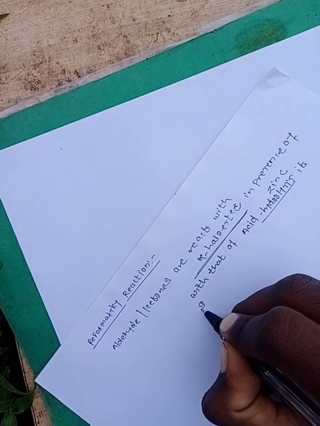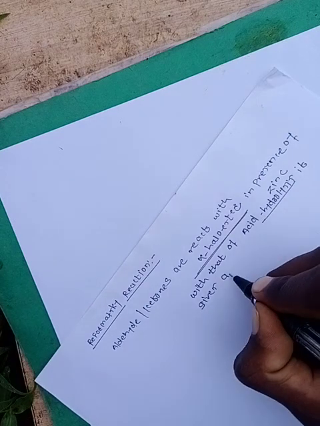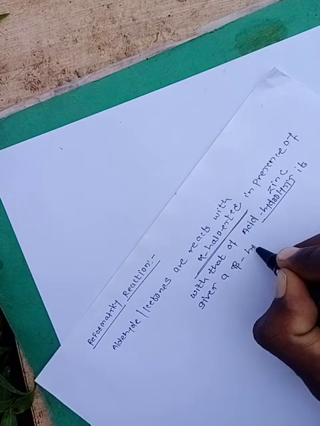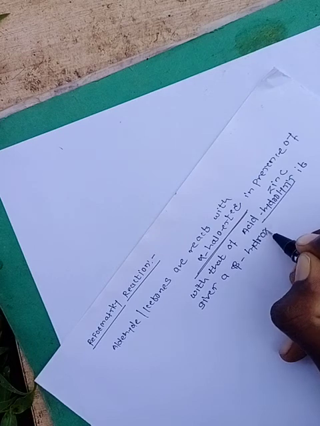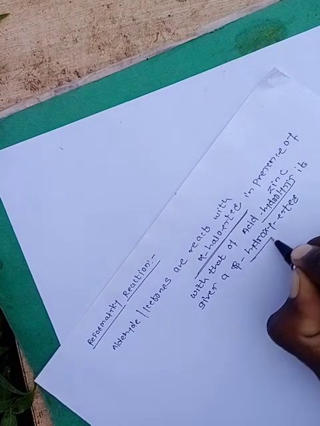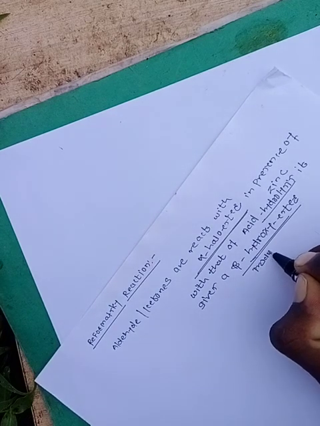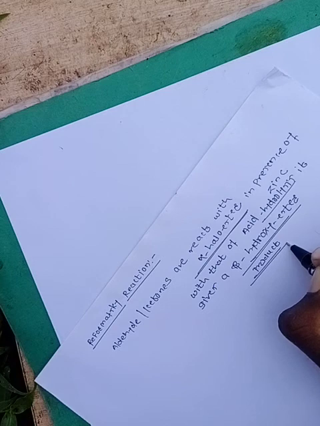It gives a beta hydroxy ester. Beta hydroxy ester is our final product of the Reformatsky reaction.